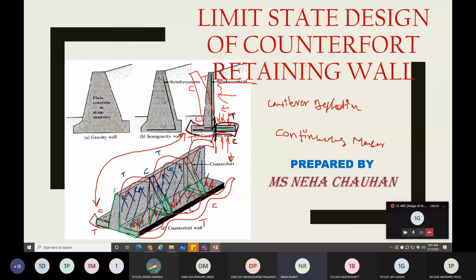So you are going to decide what will be this width, the height of the stem, the depth of footing, the depth of base slab, the width of the base slab, the width of the heel part and the width of the toe part, right? You will decide the bottom width of the stem, right?